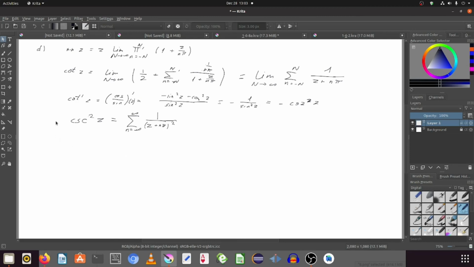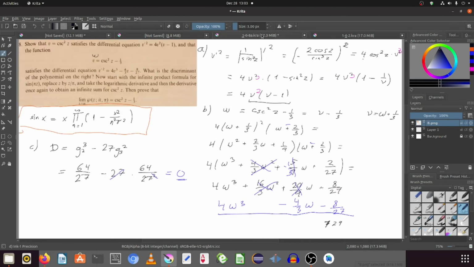So, what did the problem say? That was the infinite sum for cosecant squared. Now we need to prove this.